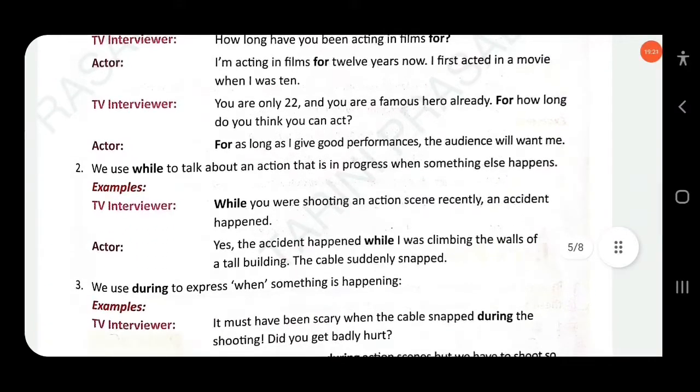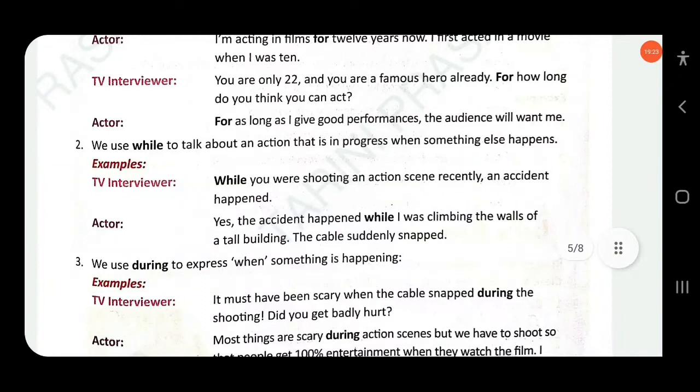Then next, we use while to talk about an action that is in progress when something else happens. While can be used as a conjunction and also a preposition in a sentence. We use while to talk about two actions happening at the same time. While I was watching TV, my sister was writing a letter. While I was dancing, she was singing.